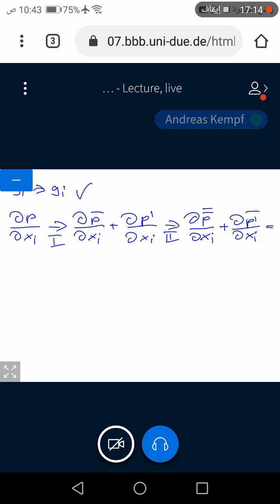And this again, as here the mean value of a fluctuating quantity, so this is 0. And here we have the mean of a mean, so essentially the mean value of only one single sample, which is the identical value of the sample. And we end up with del P bar del Xi.